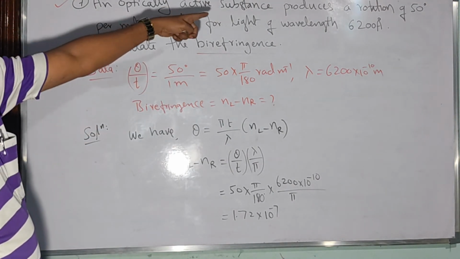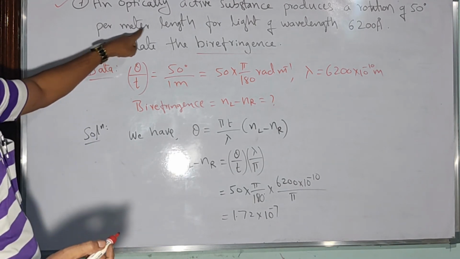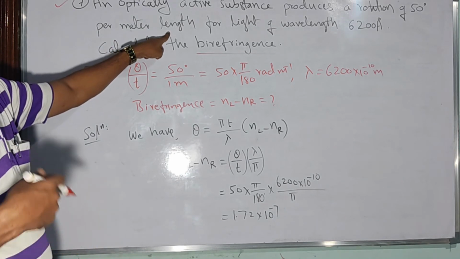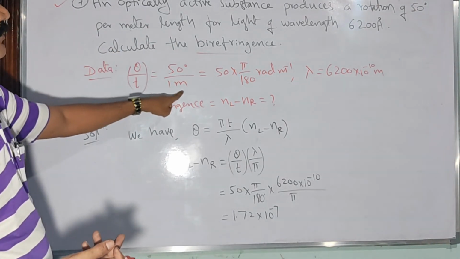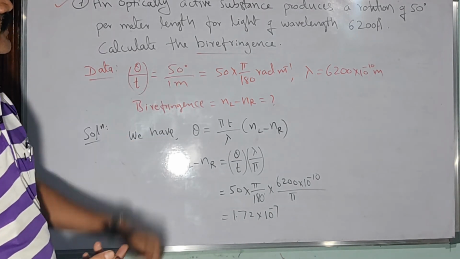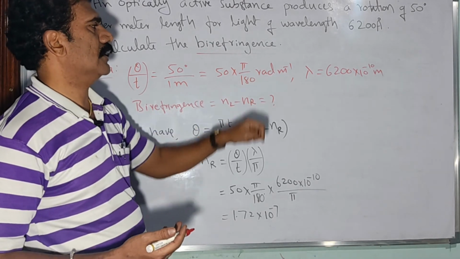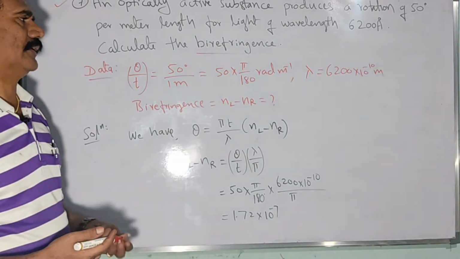The optically active substance produces a rotation of 50 degrees per meter length. If it is per meter length, assume length is equal to 1 meter, so that is 50 degree divided by 1 meter. Convert it to radians, 50 into pi by 180 radian per meter, and the wavelength is of course 6200 times 10 power of minus 10 meter, also given.